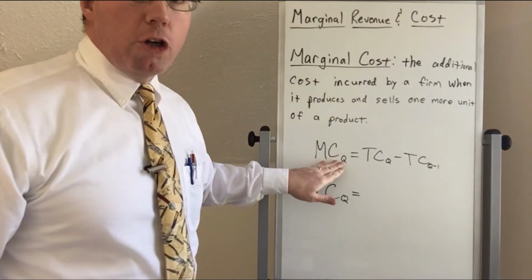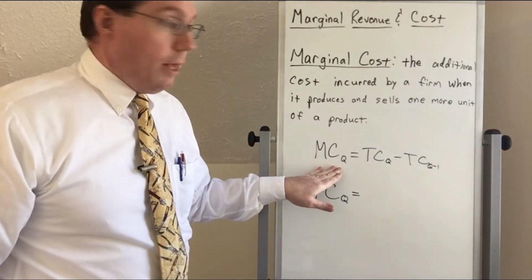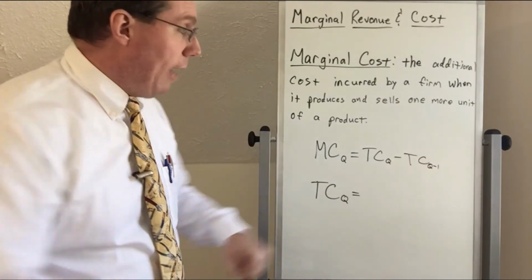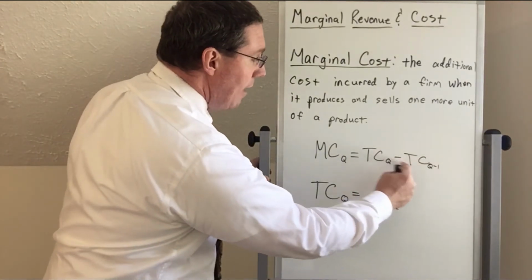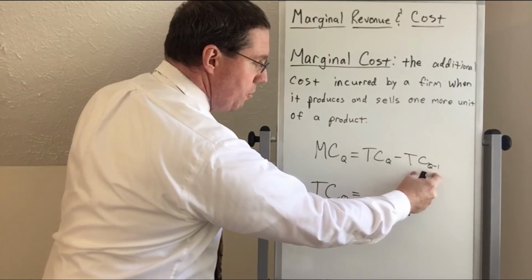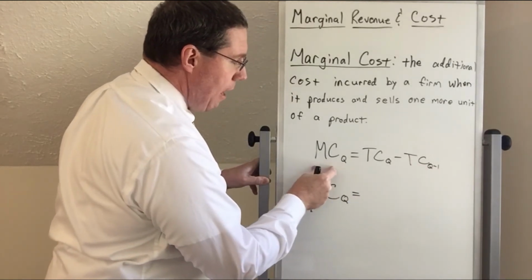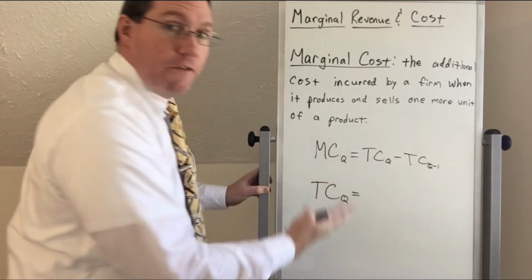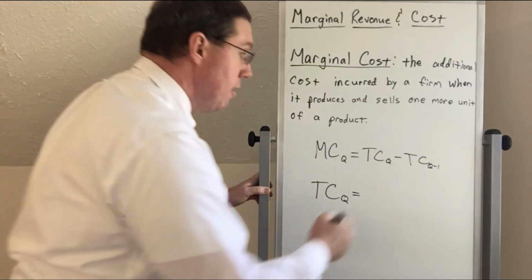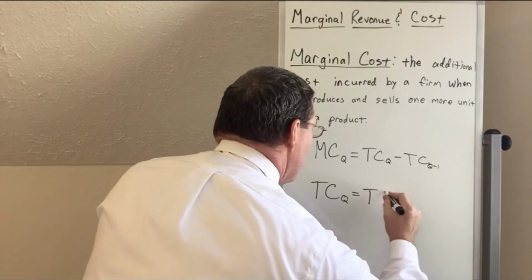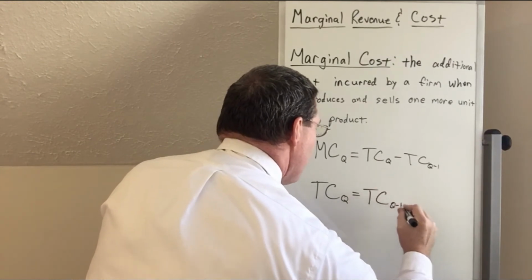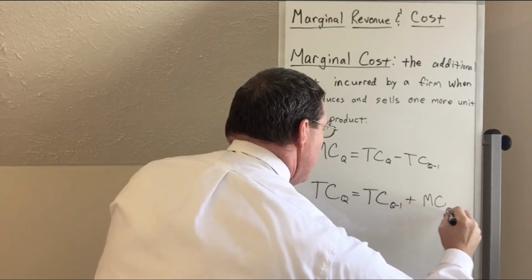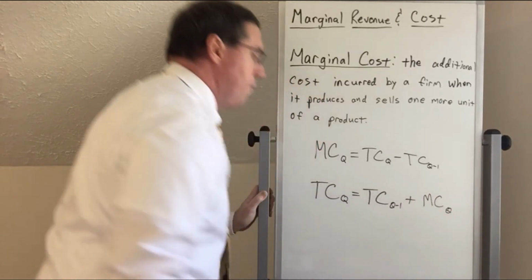If we know the marginal cost of the business for that unit, and we know the previous total cost, algebraically all we have to do is add total cost of the previous unit to both sides, and that'll give us the new total cost. So the total cost for any quantity in a business is equal to the previous total cost at Q minus 1 plus the marginal cost of the new unit.